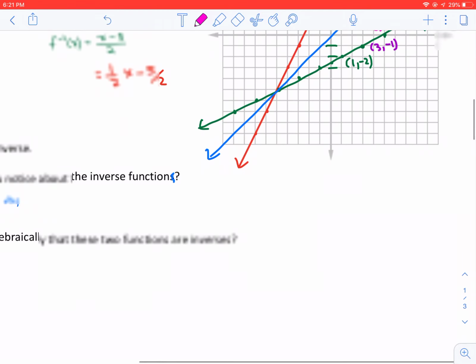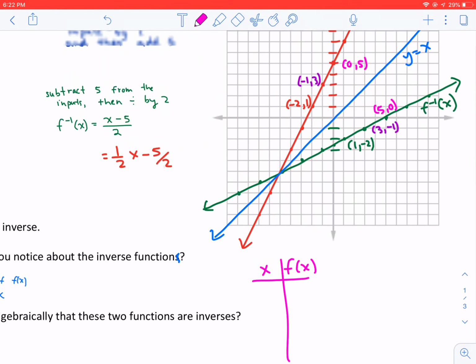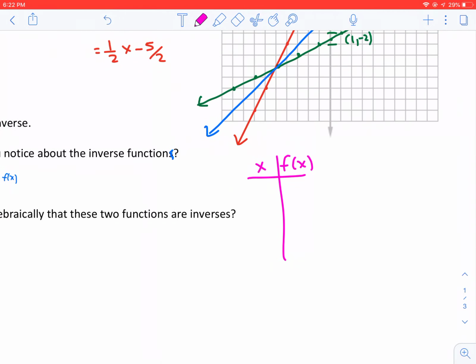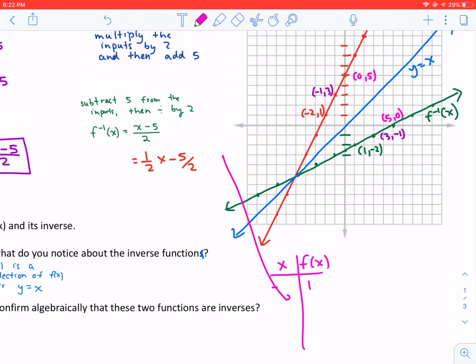So I'm going to make a table here for x and f of x, just a really small table, just listing those points we have. You got negative 2, 1, negative 1, 3, 0, 5.